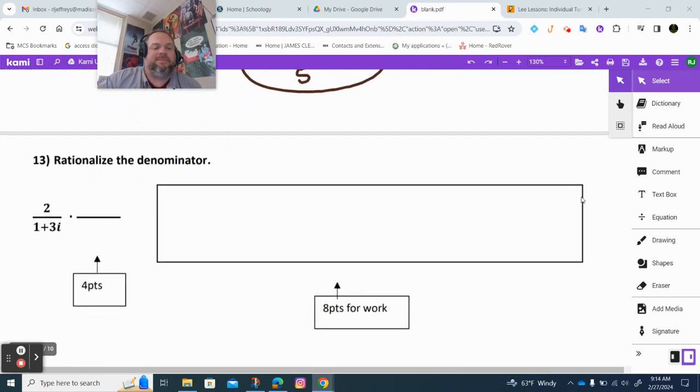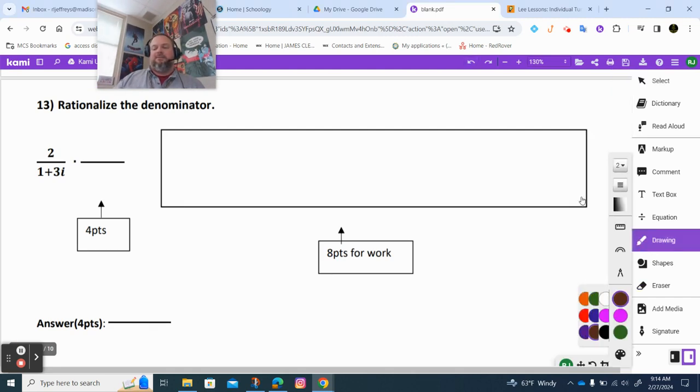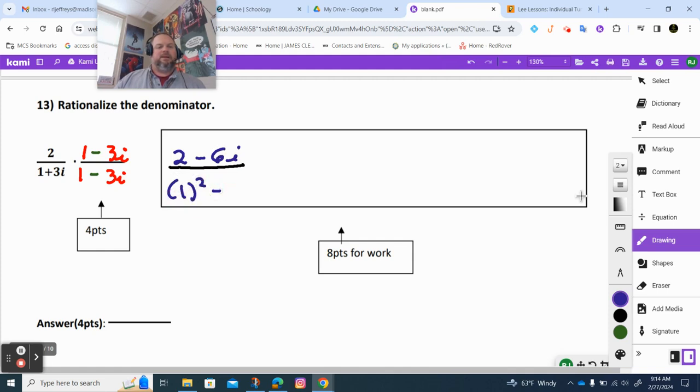All right. Now, on 13, I gave you a big space for you to do your work. Everybody's is going to look different. So up here, this is 2 times 1, which is 2 minus 6i. This be 1 squared minus 3i squared.